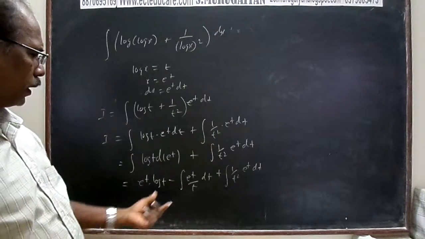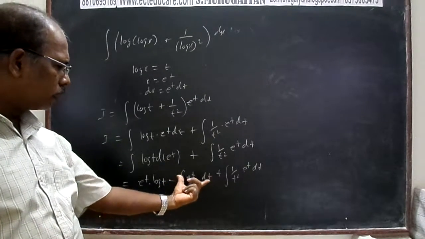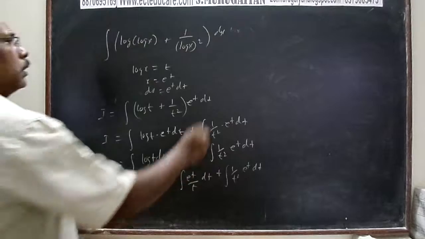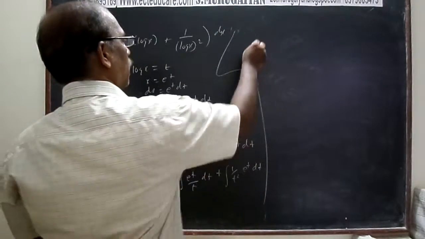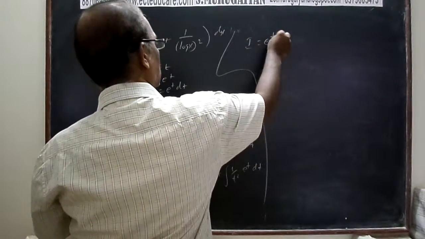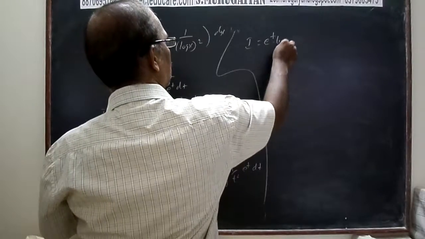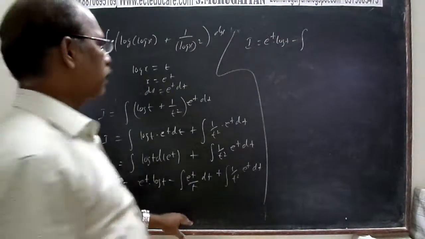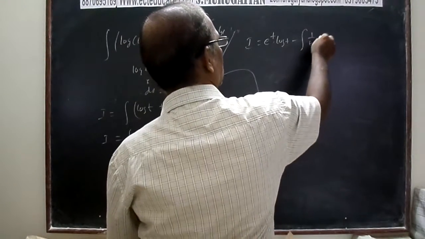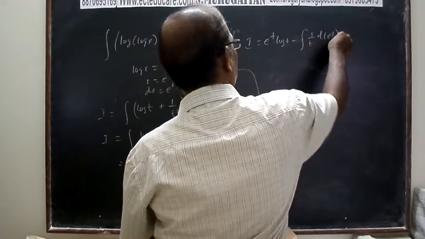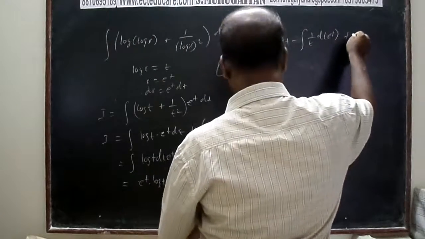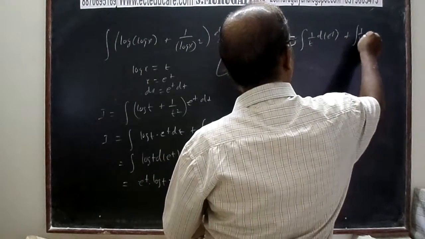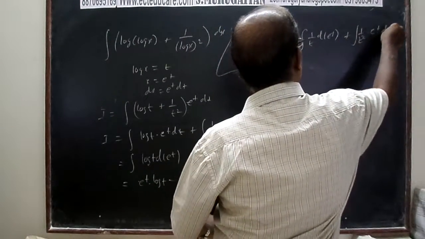Once again, we can try to integrate the second term using by parts. For that purpose, I equals e power t into log t minus, this can be written as 1 by t d of e power t, and the third term 1 by t square e power t dt.